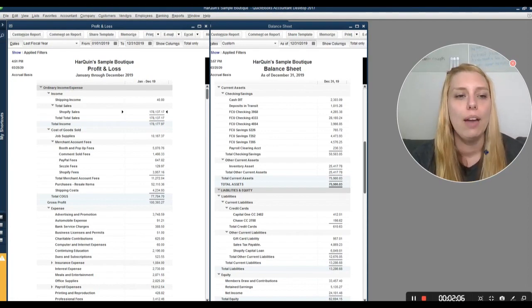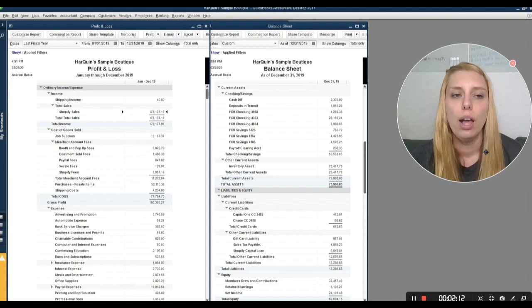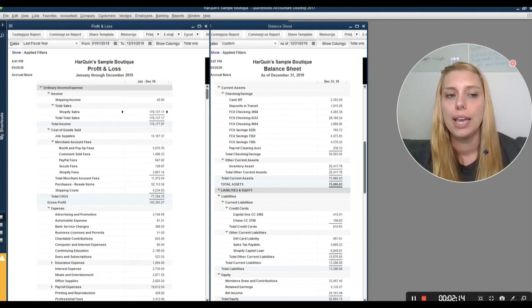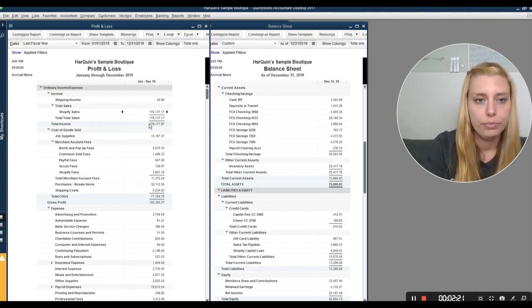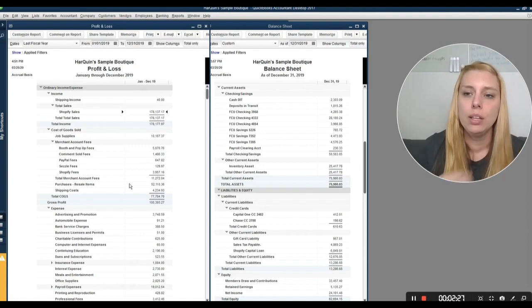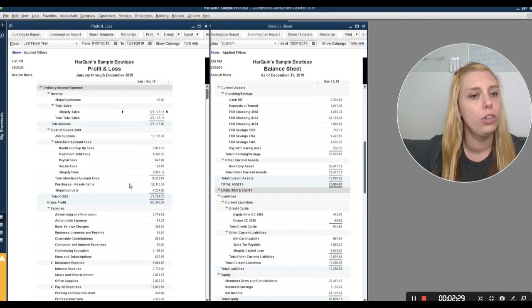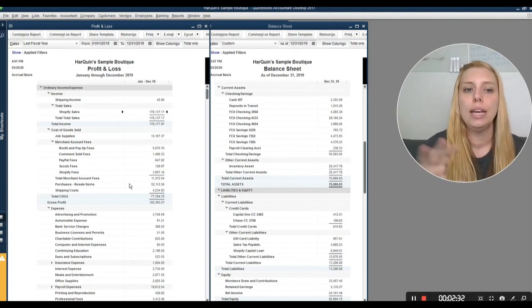So we have a profit and loss and we have a balance sheet. I'll give you a general overview of what a P&L is. P&L is income and expense. Up here we have your income accounts. Then we have your cost of goods sold. Cost of goods sold means things I had to buy in order to make money. Did you have to pay Shopify in order to use their service? Yes, cost of goods sold.